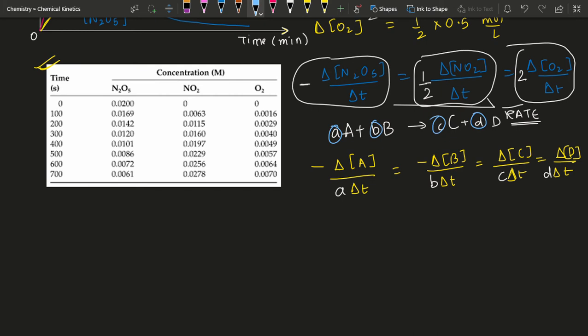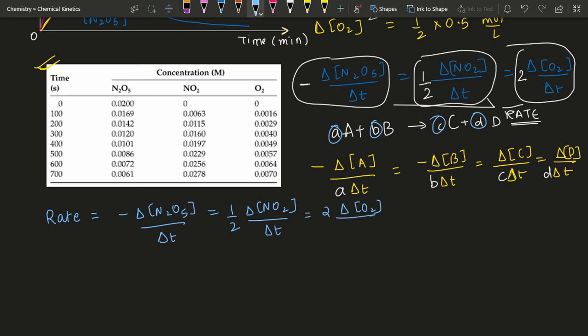So what I can do is write that the rate is equal to negative delta of N2O5 concentration divided by delta t, which is equal to half times delta NO2 over delta t, and is equal to 2 times delta O2 over delta t.